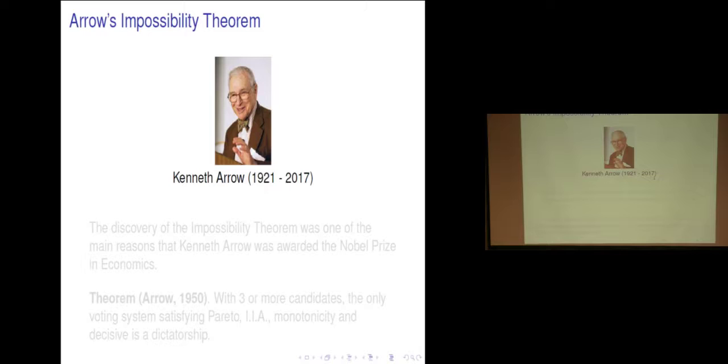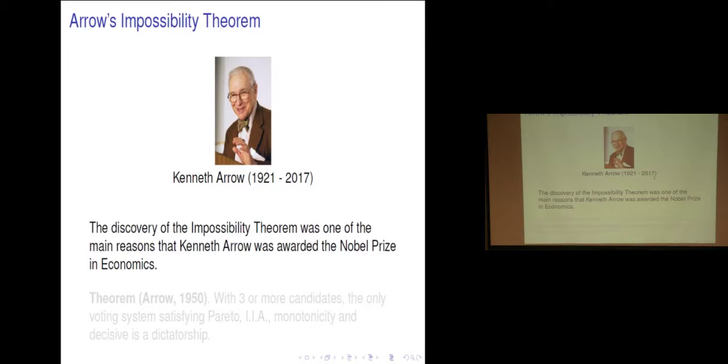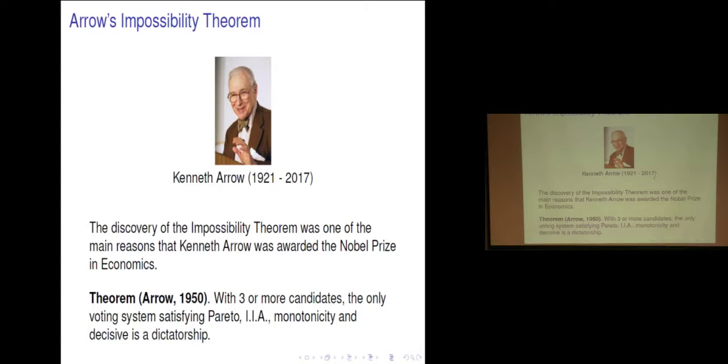So now this Kenneth Arrow, he won a Nobel Prize in economics. The discovery of this impossibility theorem was one of the main reasons that he was awarded the Nobel Prize. Okay, so here's the theorem.